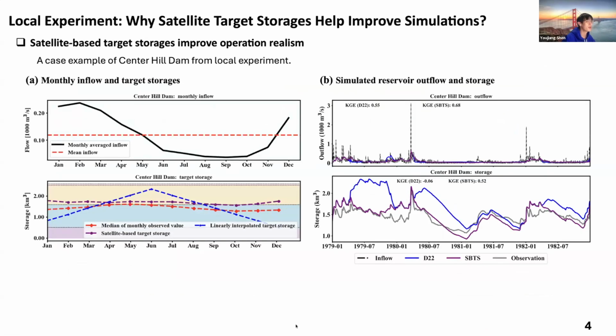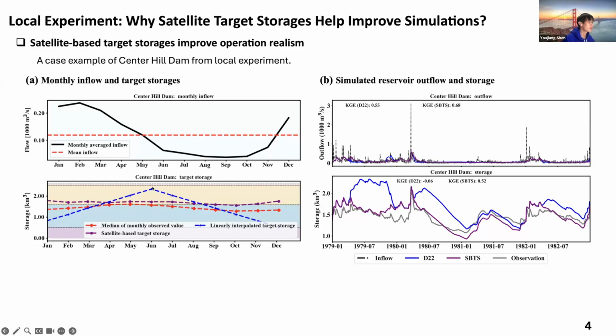And here is a more specific example to illustrate why it performs well. This is a stream that has snowmelt-induced floods in spring seasons. And this is the stream inflow pattern. And here is our target storage, and you can see the satellites capture it well with observations.